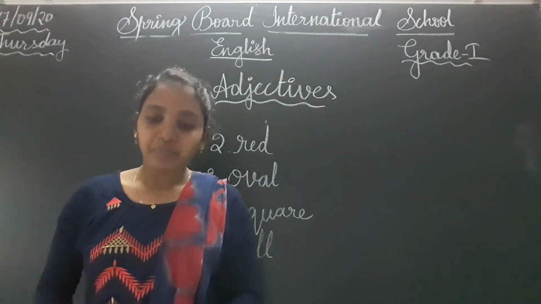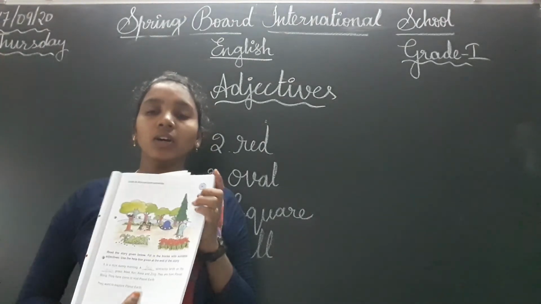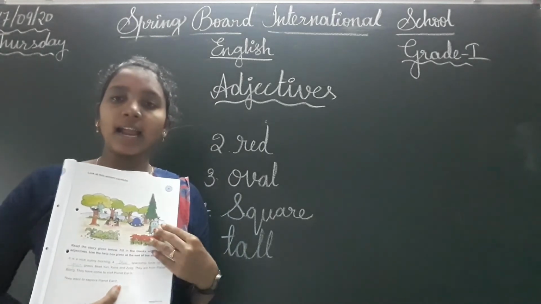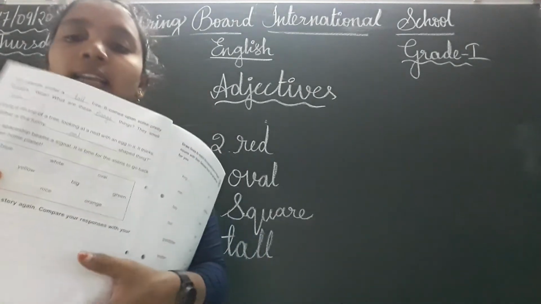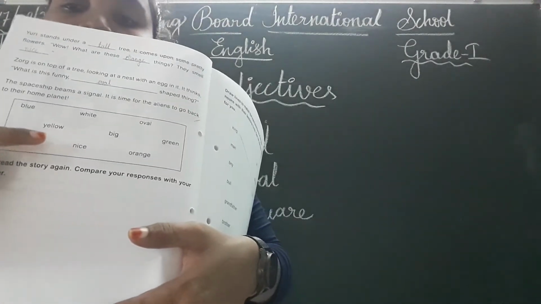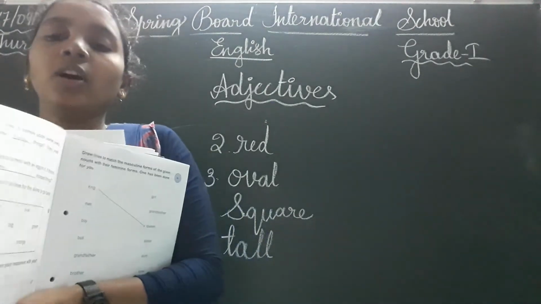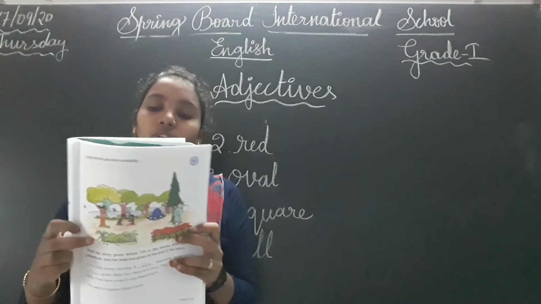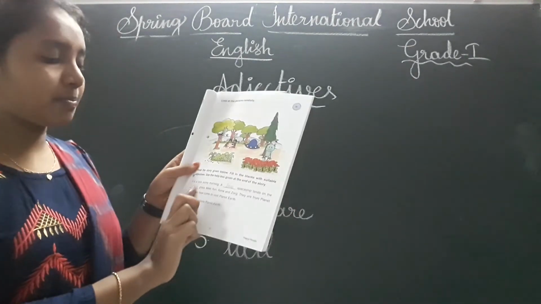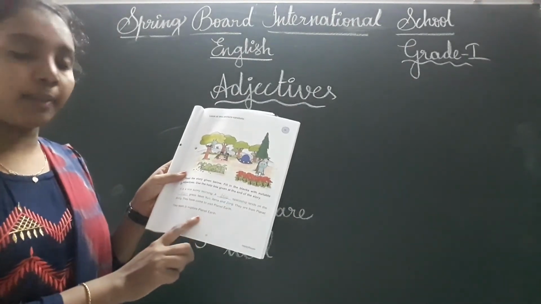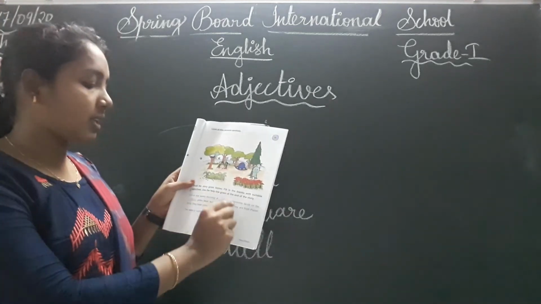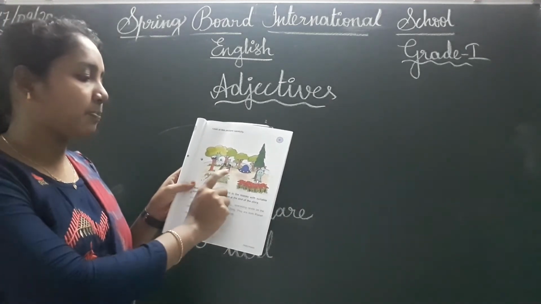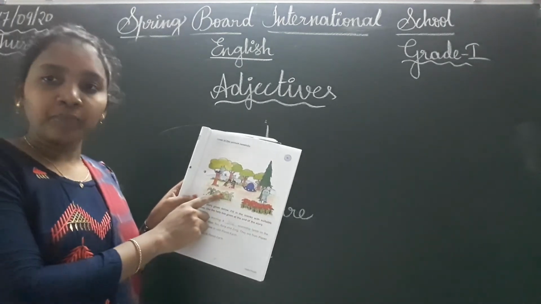Here you need to fill these blanks, and they have given one help box also on the next page. This is the help box for you. You have to fill these blanks with the help box and complete this story. Whatever is happening in the story is represented here in the picture, children.